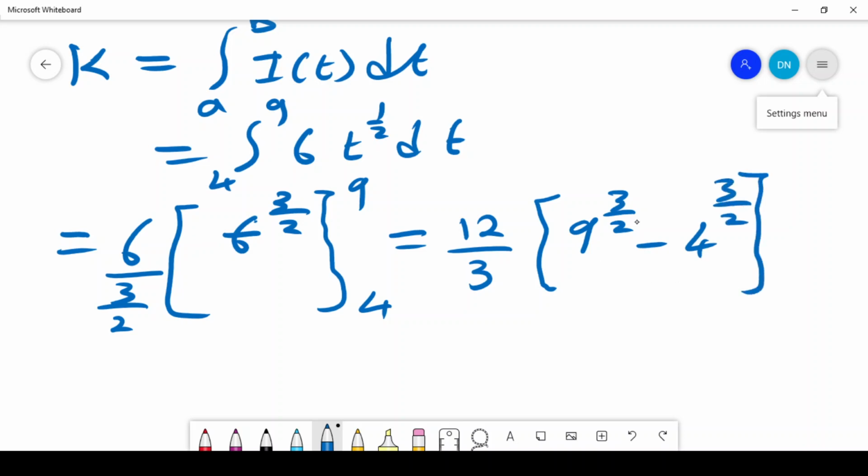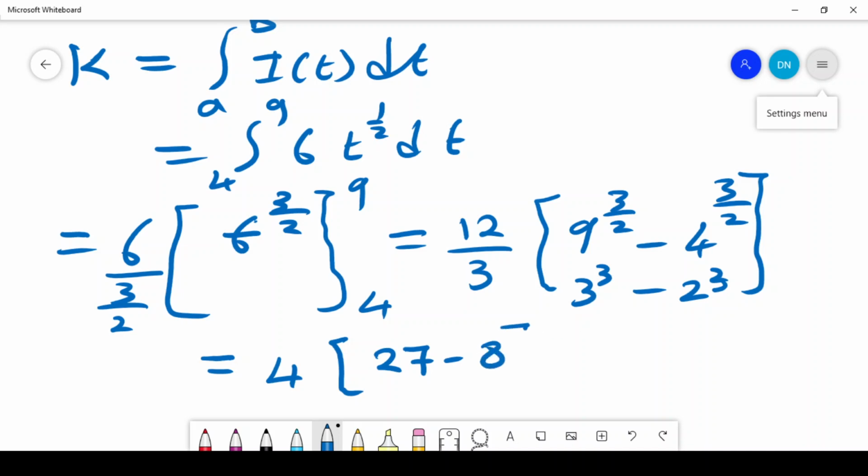So you get the square root and then you cube. So this will be 3 cubed minus 2 cubed, so that gives me 4 times. 3 cubed is 27 and 2 cubed is 8. And that gives me 19. 19 times 4 is 76.